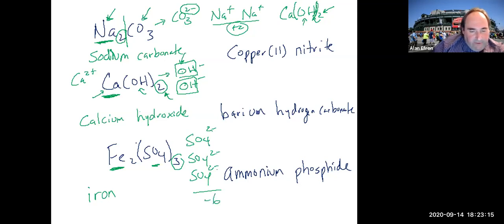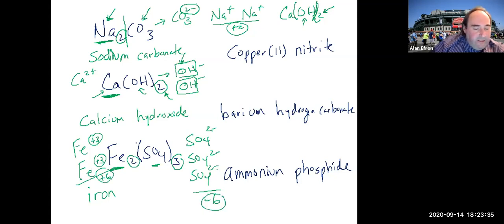We actually have 2 irons in this case. What that means is I have 1 iron there and another iron. And in order to balance that out, each of these irons has to be +3. +3 and +3 gives us +6 overall to balance out the -6 charge.